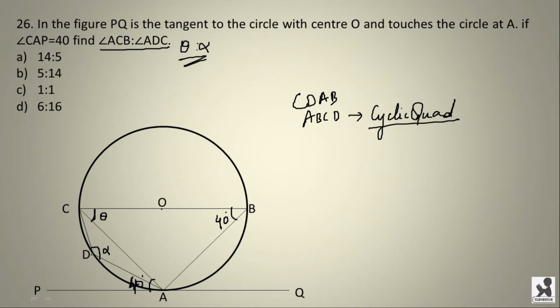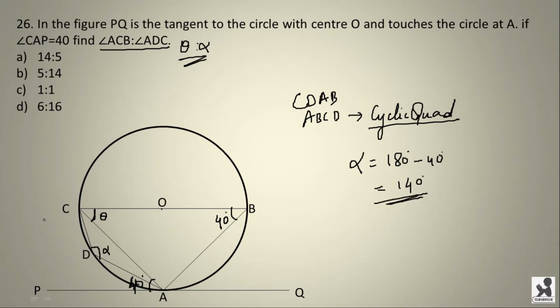The sum of opposite angles in a cyclic quadrilateral will always be 180 degrees. So from here we can find the value of alpha. Alpha is equal to 180 degrees minus 40 degrees, which gives 140 degrees.